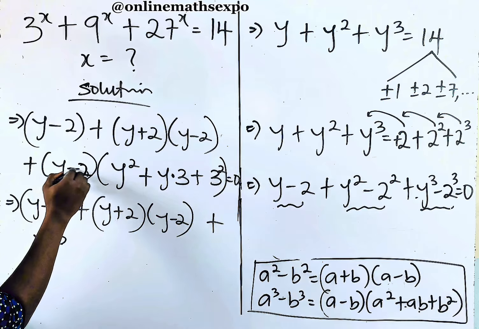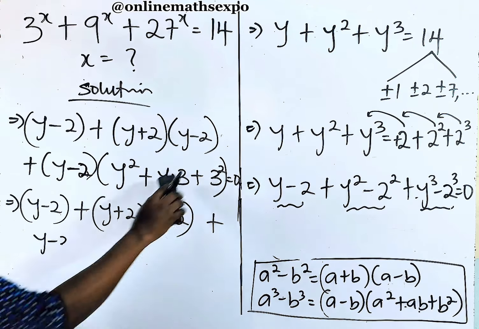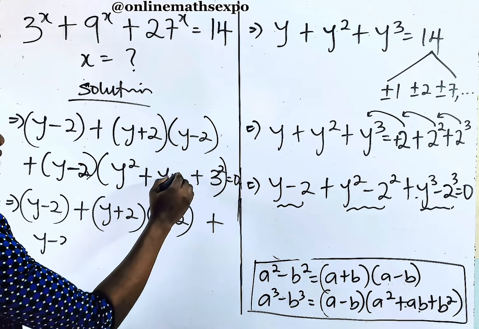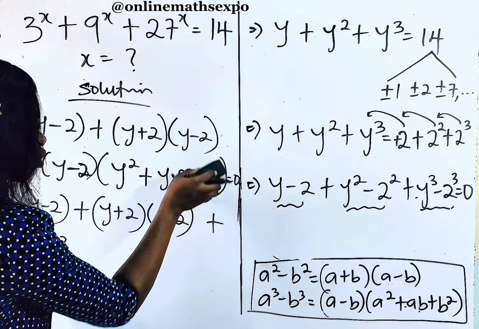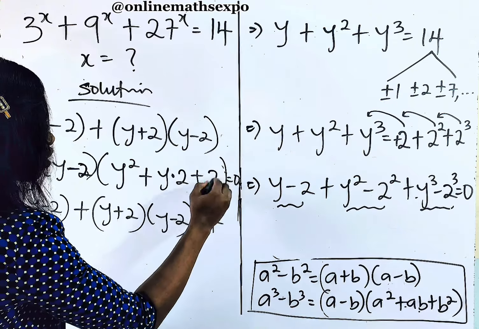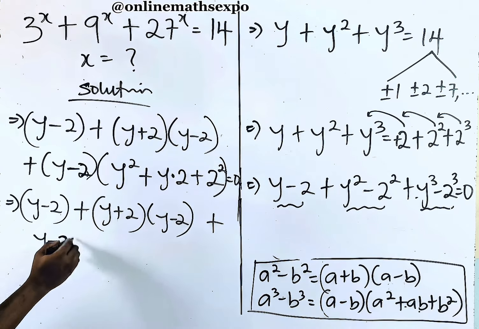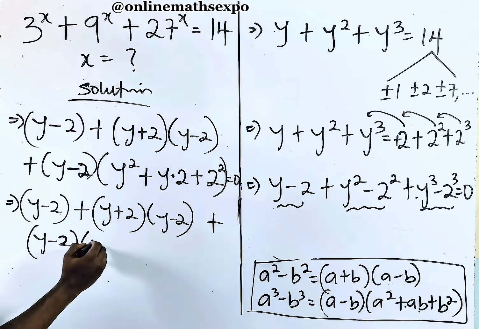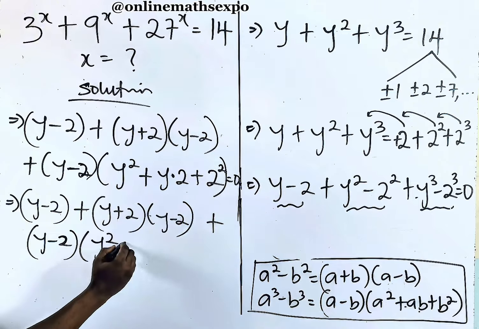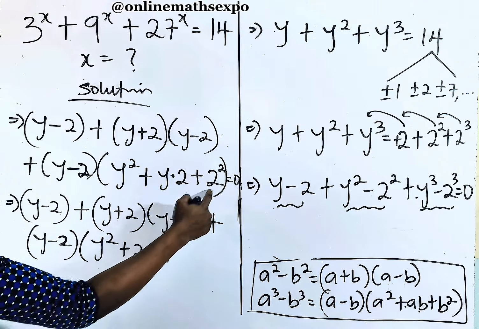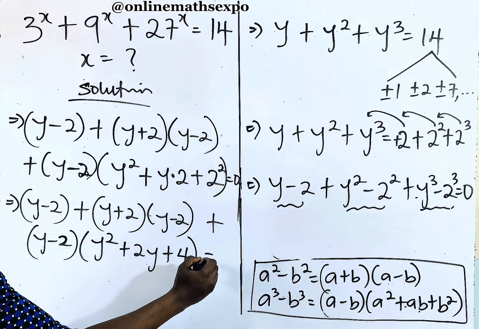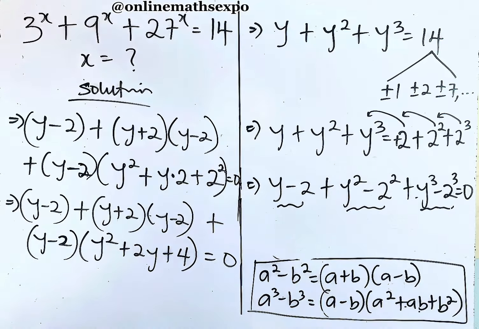So that's what we have here. So this will still be y multiplied by 2, and this will be 2 squared. So we have 2 squared. So we now have y minus 2 into y squared. Multiply this, it gives you 2y. This will give us 4, and everything is equal to 0.